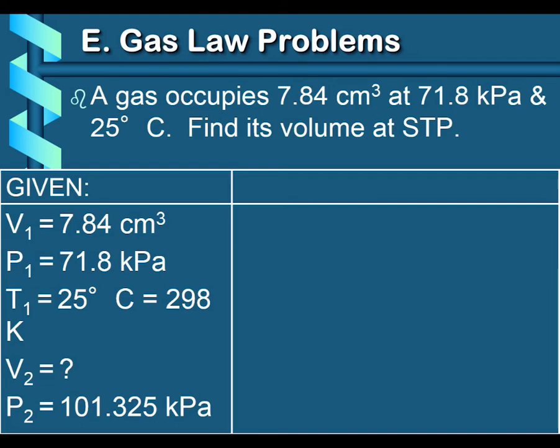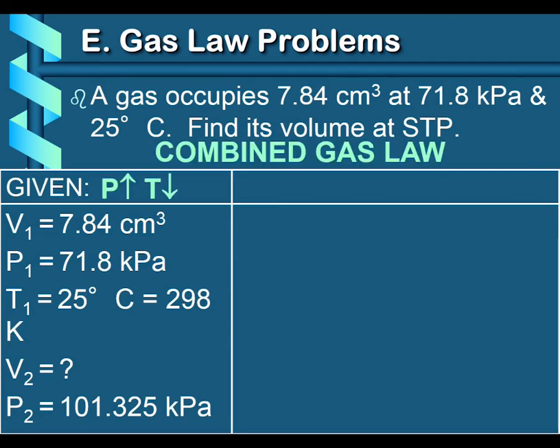And you can't see the standard temperature, it's come off of the side over here, so I will write it. Again, that Kelvin should be right there. T2 is standard temperature, which is 0 degrees Celsius or 273 Kelvin, once you add your 273 to 0. Now we're ready to work this out.